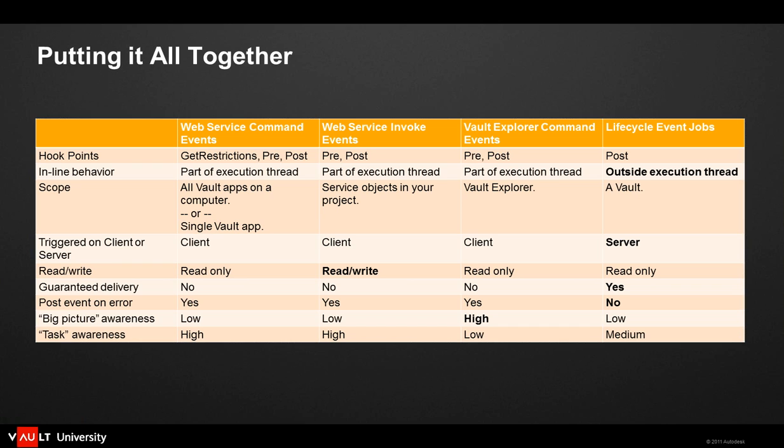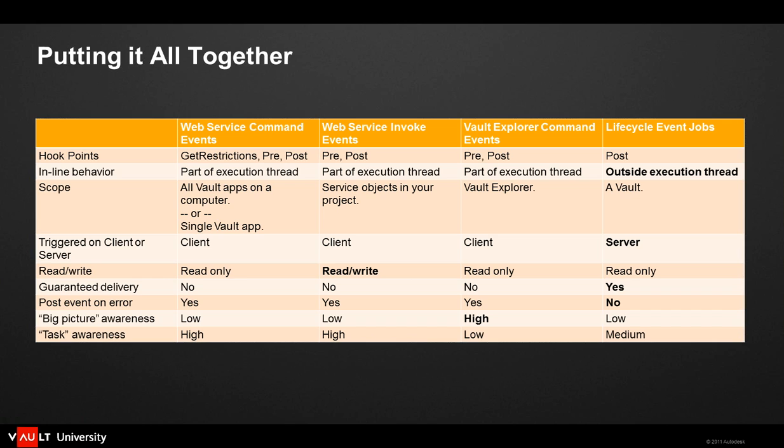Lifecycle event jobs are the only event type that has guaranteed delivery. And this is the main reason I've even included it in this discussion. So let's say you have data that you need to keep synchronized between Vault and, I don't know, a cloud-based PLM system.